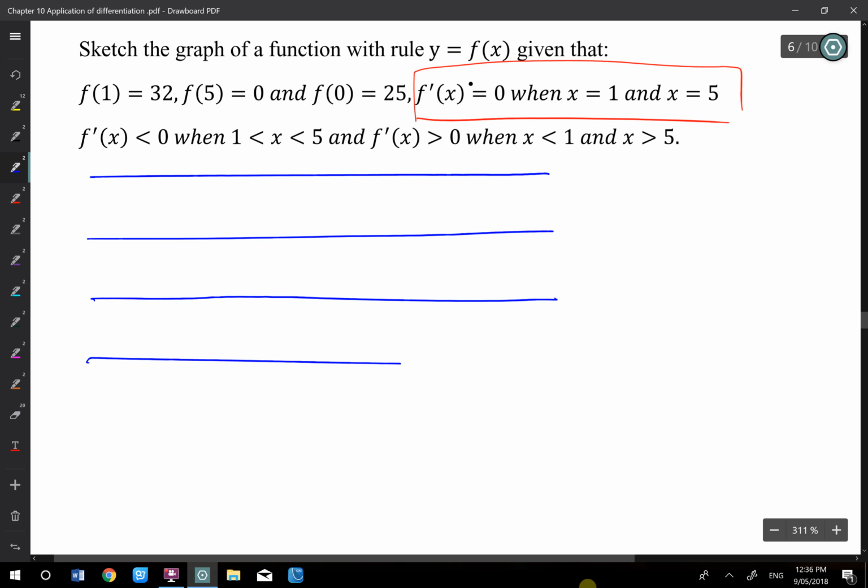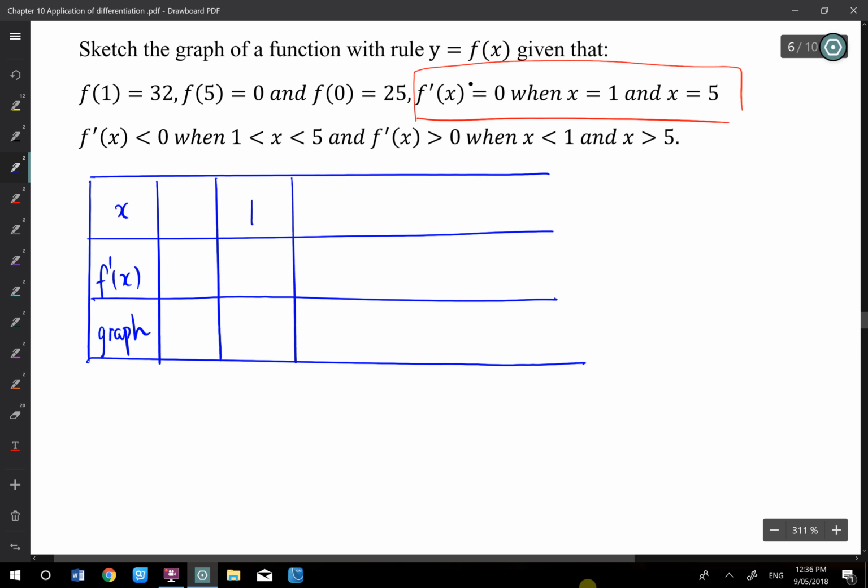We always need 3 rows for the sign diagram. We have x, f dash x here, and the graph. We know that we will have first one empty, second one is the smaller number, which is 1.